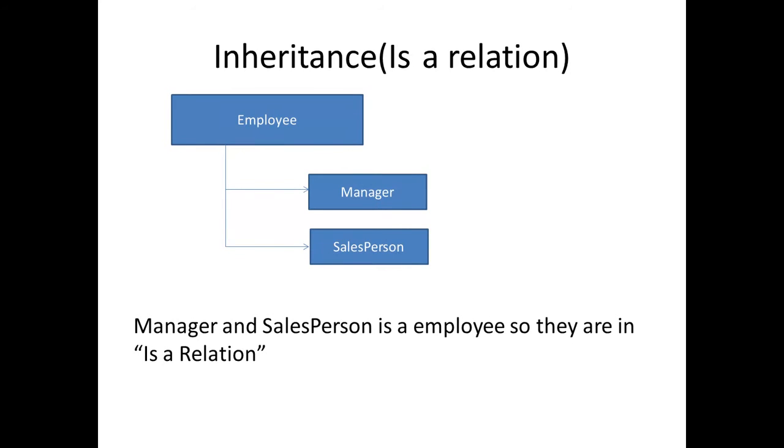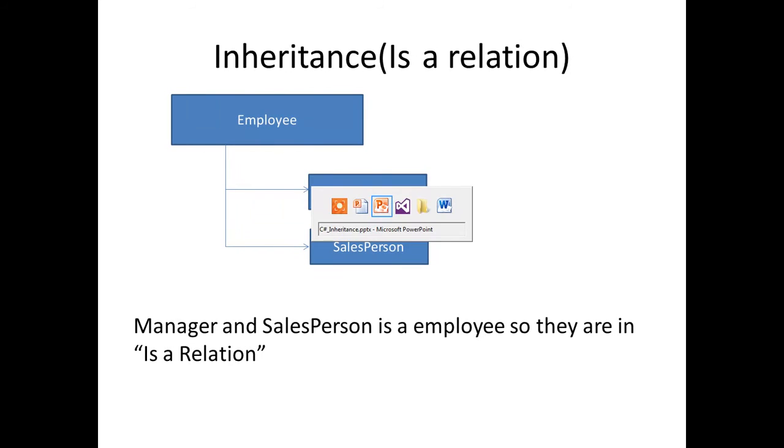So you can create an employee class with all the common attributes or features, and whatever is specific to the manager, you can put in the manager class. Whatever attributes are specific to the salesperson, you can put in the salesperson class. So this class hierarchy, employee, manager and salesperson, will be with an "is a" relation.